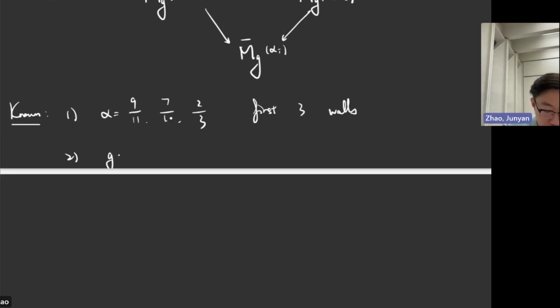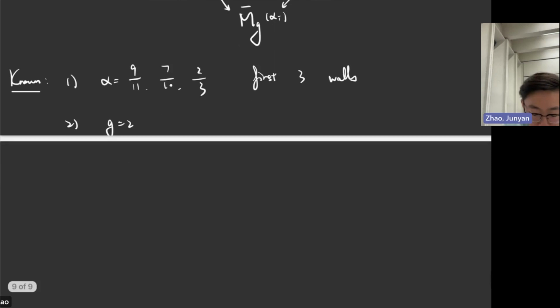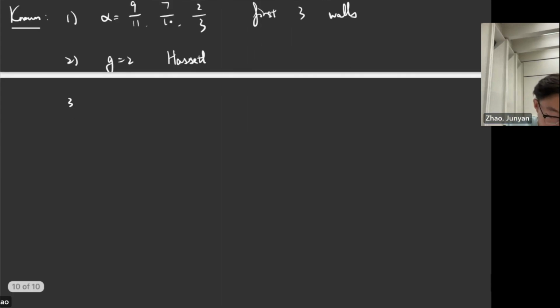And when the genus equals 2, all the walls were figured out by Hassett. And when g equals 3, all the walls are known by Hyeon and Junyan Lee.